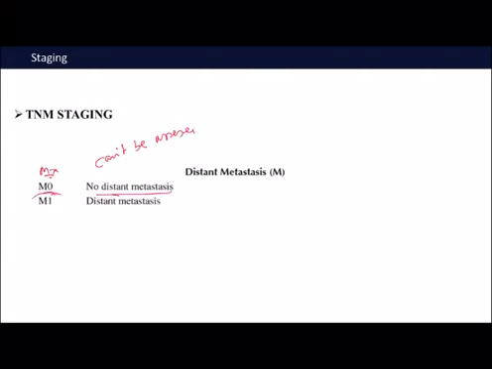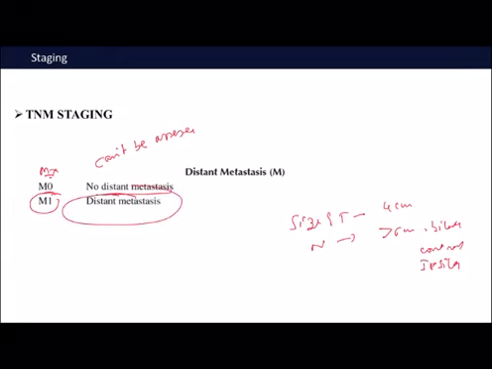Now if it is M1, the size of the tumor, that is T, is more than 4 centimeter, and the lymph node involvement is also more than 6 centimeter, with bilateral, contralateral and ipsilateral involvement, then there is distant metastasis, right? So this is all about these three factors: T, primary tumor; N, nodal involvement; M, distant metastasis.